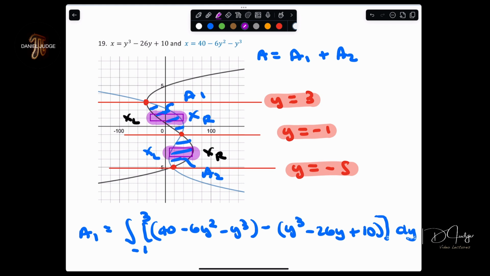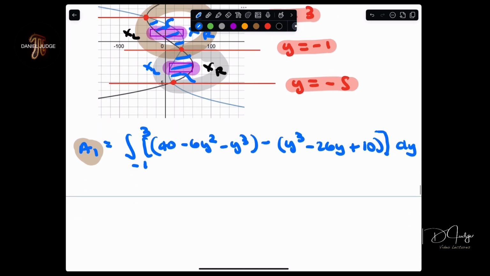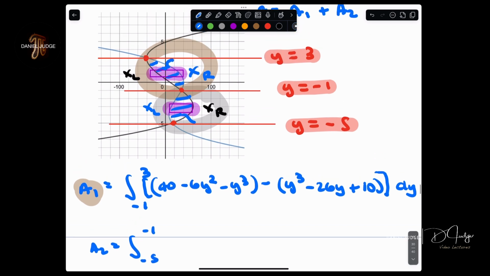Maybe we should do it this way. Let's pick some colors. Say gold here. This is your A1. Silver, this is A2. I have to define that for you guys based on this picture again. So A2 now is going to be, we're going to integrate from -5 to -1 here.